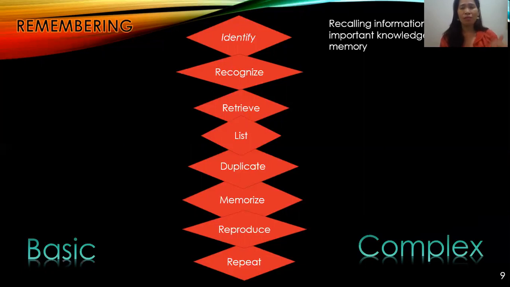The said cognitive processes are placed in the table of specification from basic to complex, and these are as follows. Remembering. It is recalling information and retrieving important knowledge from long-term memory.